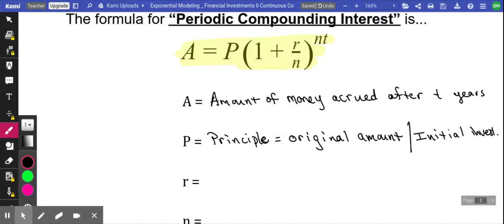R is your rate, or we'll say your interest rate, and we're emphasizing that that's written as a decimal, of course. If they say 8%, we're going to slide the decimal twice and insert 0.08 for R.